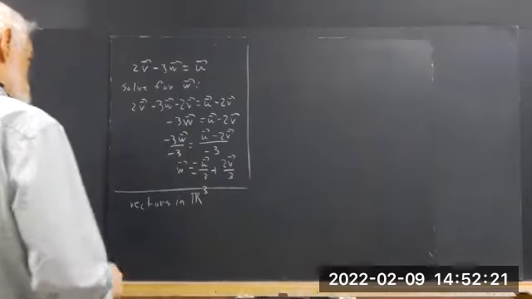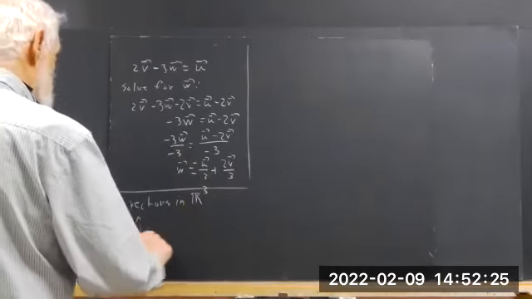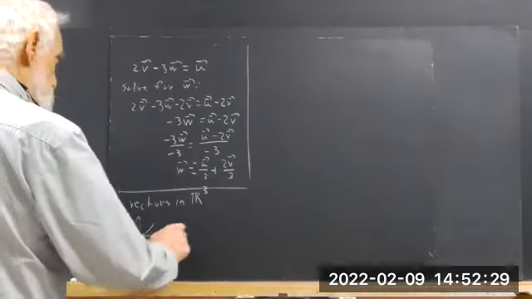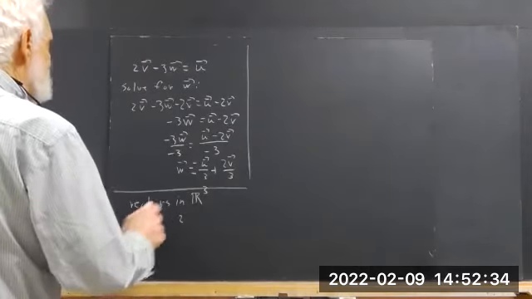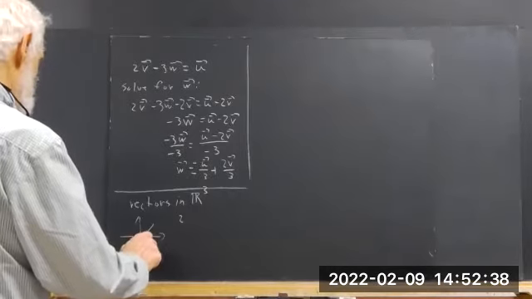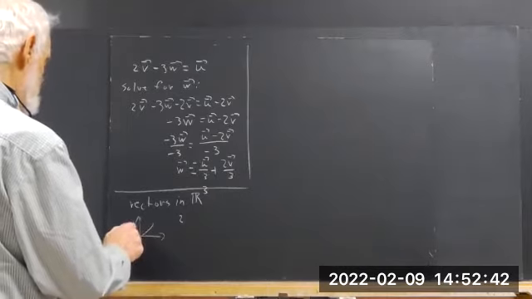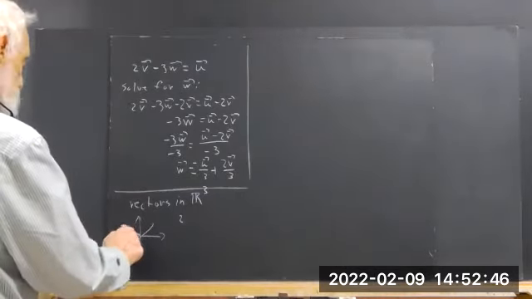For vectors in R3, well, you've got three components, and you could represent these things in three-dimensional space. Let me draw a vector. Okay, so let's say I've got a vector here. Now you don't know how far forward or backward this vector is.